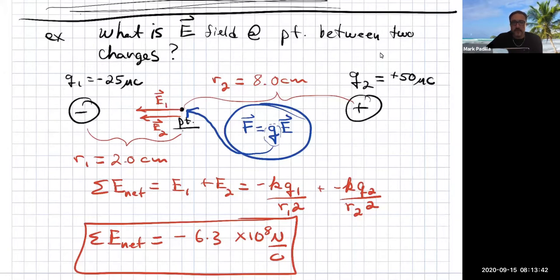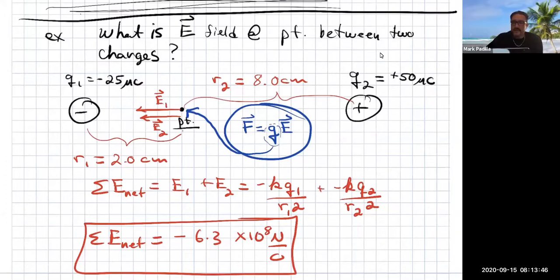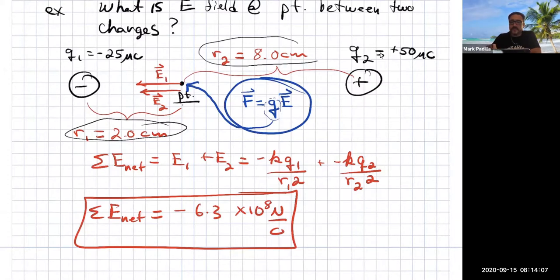So our last question: what is the E field at a point between two charges? We had a negative charge to the left and a positive charge to the right. We have the distance relative to the negative charge, R1, equal to 2 centimeters, and R2 is 8 centimeters.